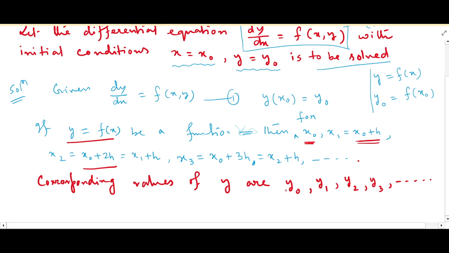But remember, these values may or may not be equal.